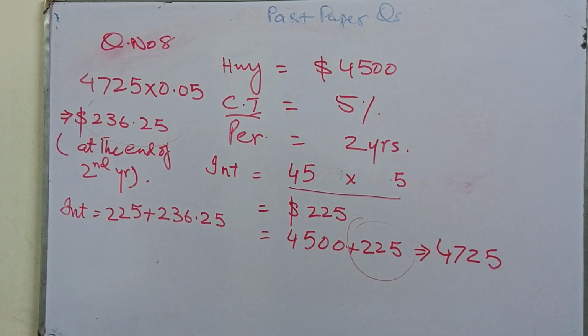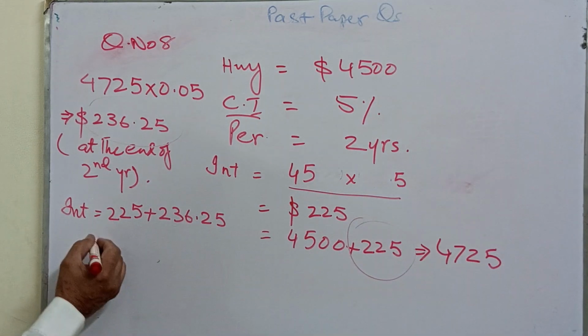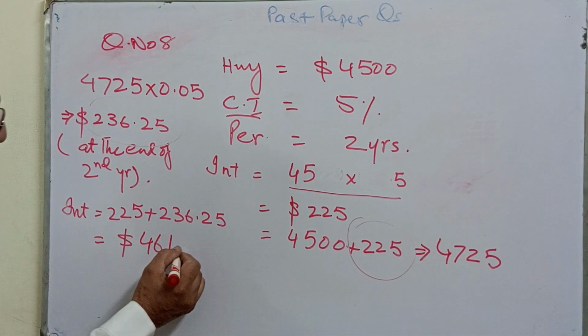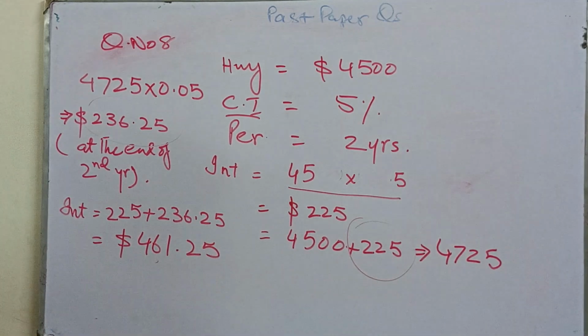So this is 225 plus 236.25, that is equal to 461.25 dollars, because of the compound interest.